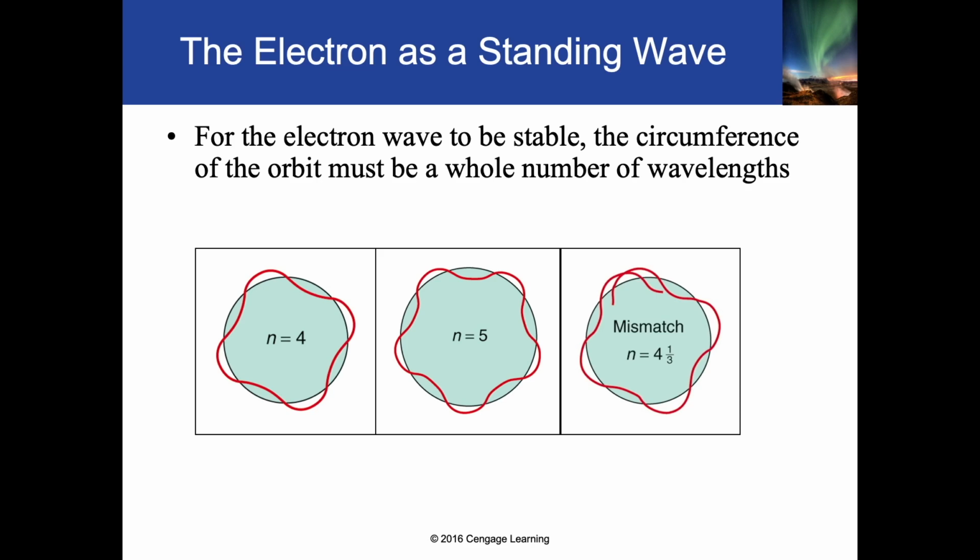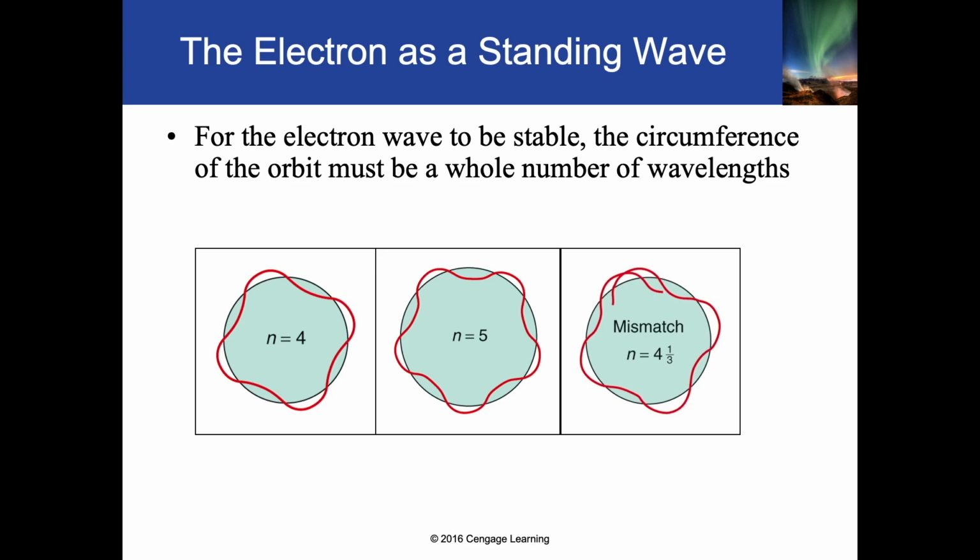It can't be a complete stable orbit. Remember that n is the distance away from the nucleus: n equals 1 was closest, n equals 2 was second closest, then n equals 3, n equals 4, and so on. The further away you get from the nucleus, the higher the n is.